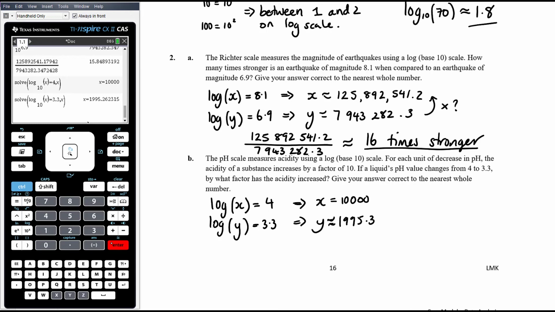Okay. And we want to know by what factor has the acidity increased. So we essentially want to know what's the scale factor here. What are we multiplying by? Okay, so 10,000 divided by 1995.3.